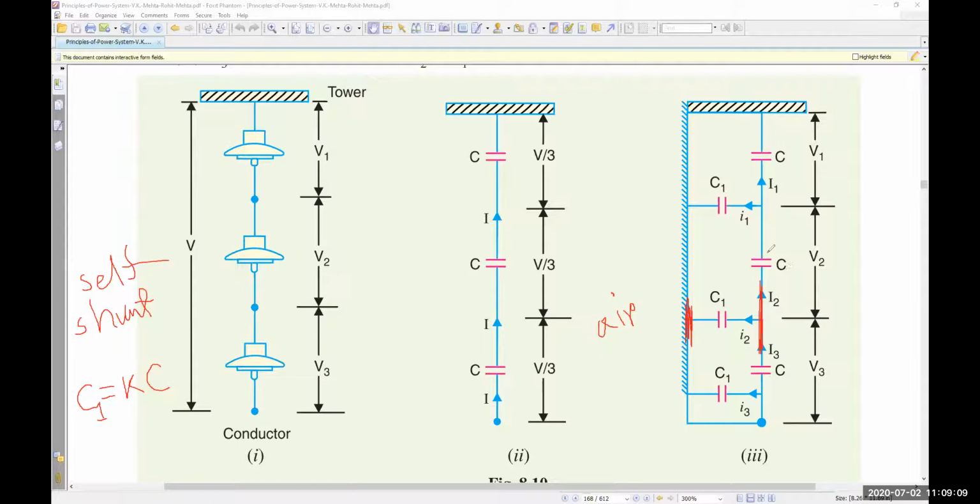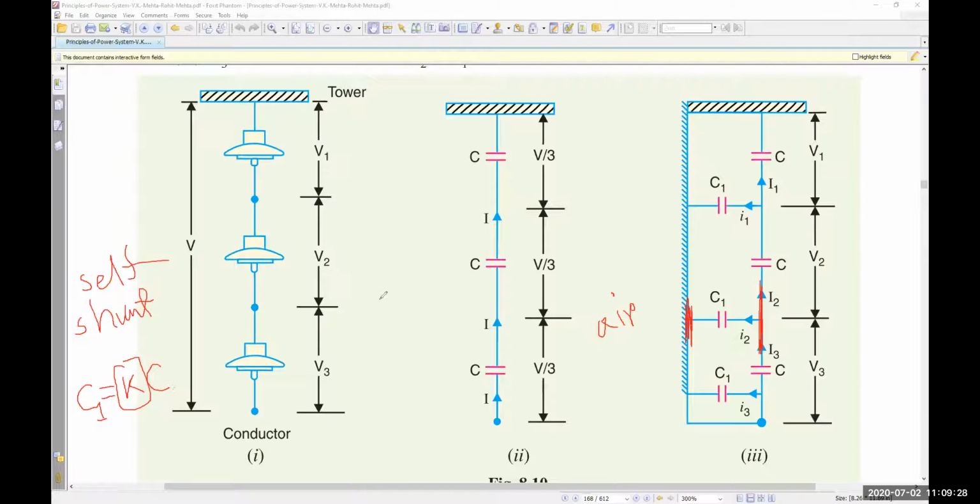If C is 100 microfarad, C1 should be 10 microfarad. That's why we write C1 is equal to Kc. Remember, K is very important.